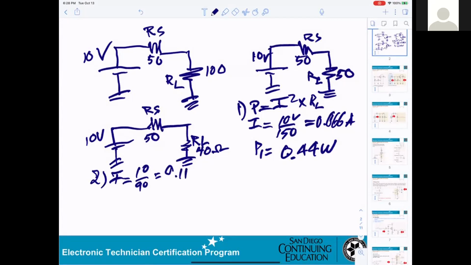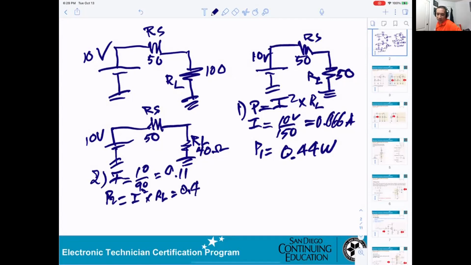And now P2, it's 0.49. So what you get? 0.49 watt.